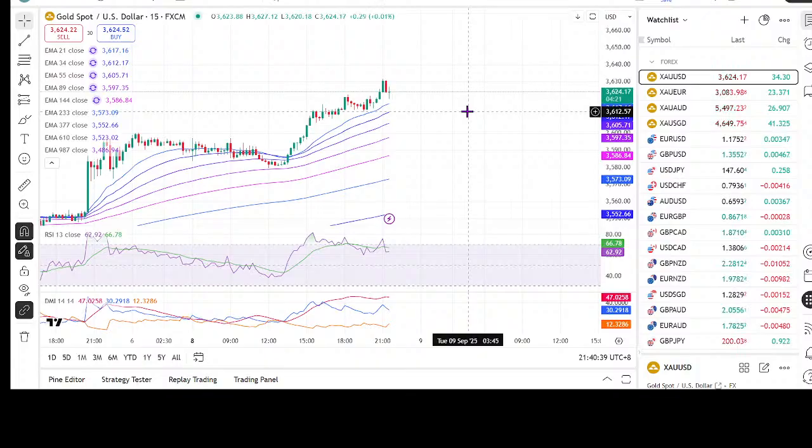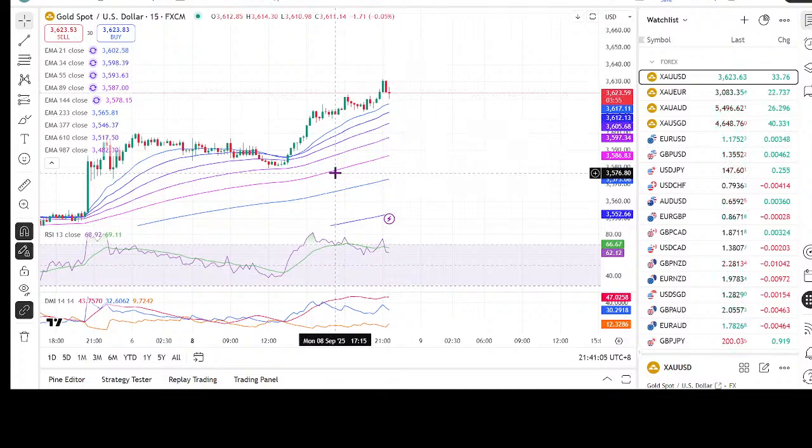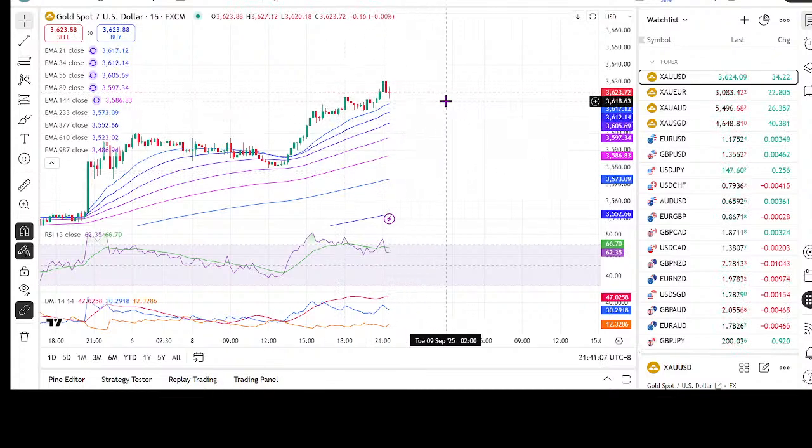Most likely we are expecting the temporary setback towards 36.13, 36.07, and of course 3600. So we got to exit in any one of these three levels.